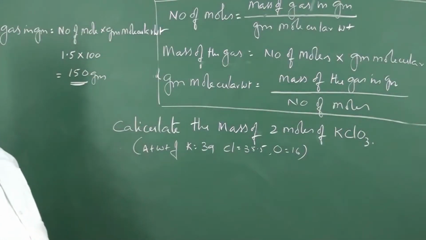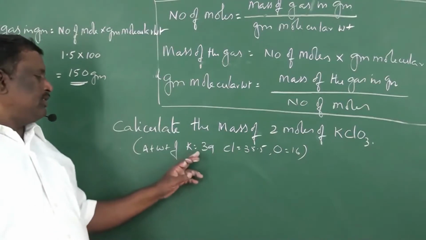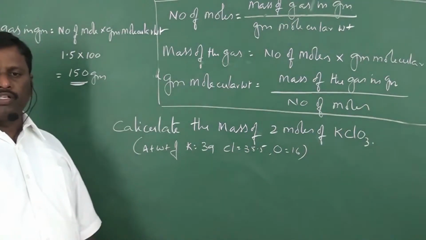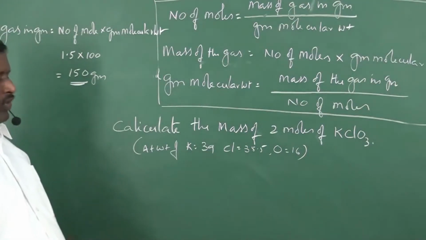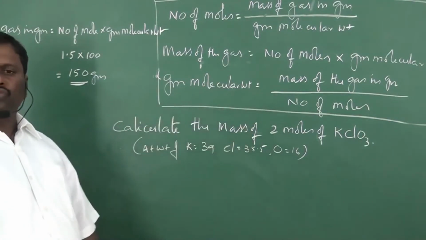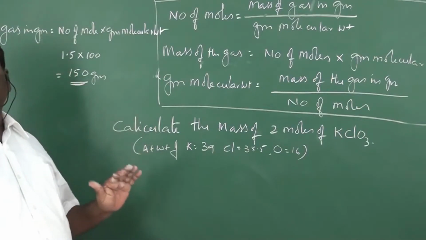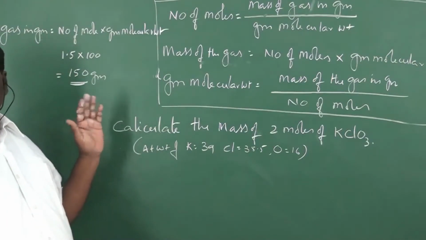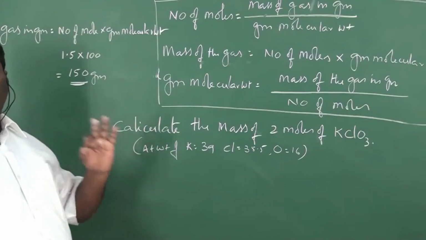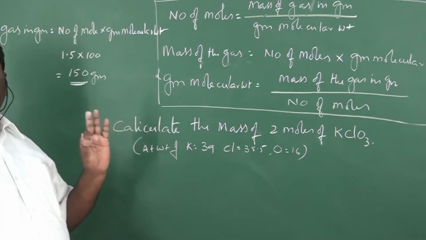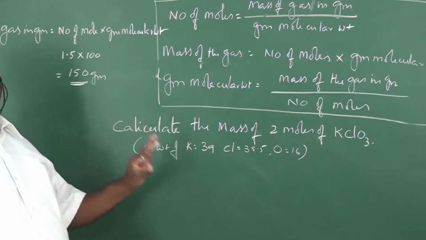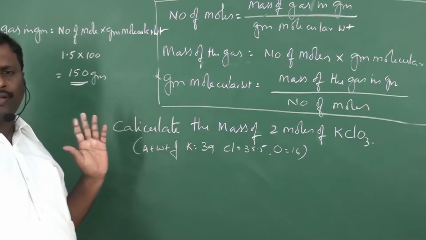So here also they gave us the atomic weights of the elements present in the molecule. From it, first you should find out the molecular weight. In any problems related to this mole concept, first of all we have to calculate the molecular weight, because they are related with that only.